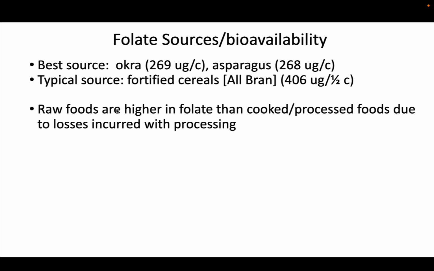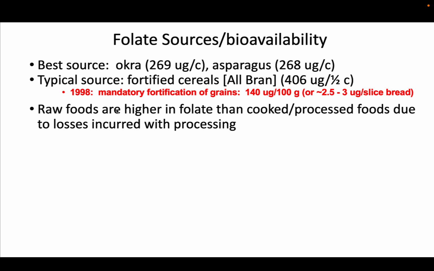So a cereal, for example, All Bran has 406 micrograms per half of a cup, which is not quite double, but getting close to double what's in okra and asparagus naturally. Raw foods are typically always higher in folate than cooked or processed foods because heating and the addition of acids and bases can affect the folate composition. So that's important to know. So faster cooking methods are usually better for retaining folate.